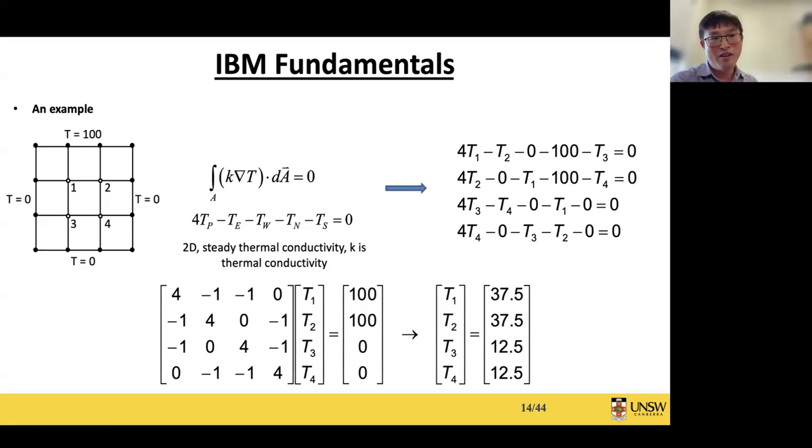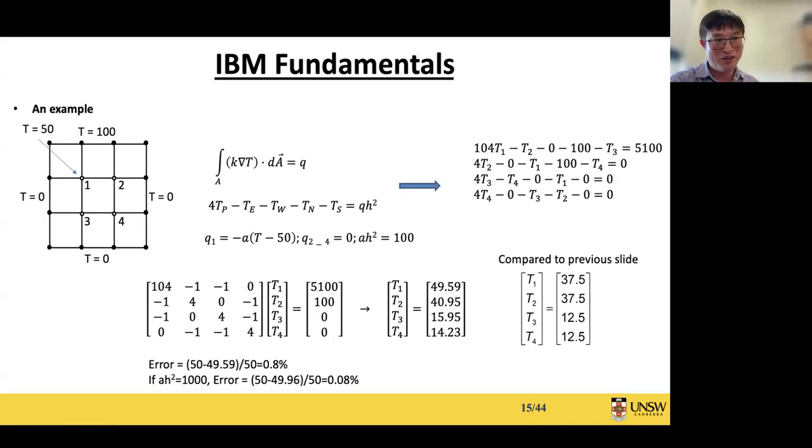Okay, now, if we want to use immersed boundary method to implement a boundary condition here on node 1 to 50, for example, like this, we introduce, similar to the delta function, this Q here. Q is a heat source similar to force in Navier-Stokes equation.